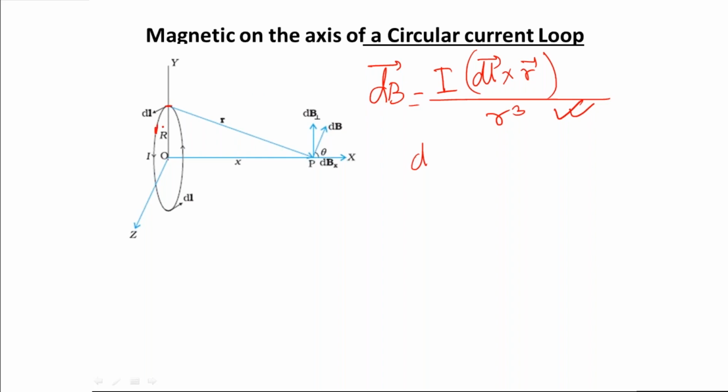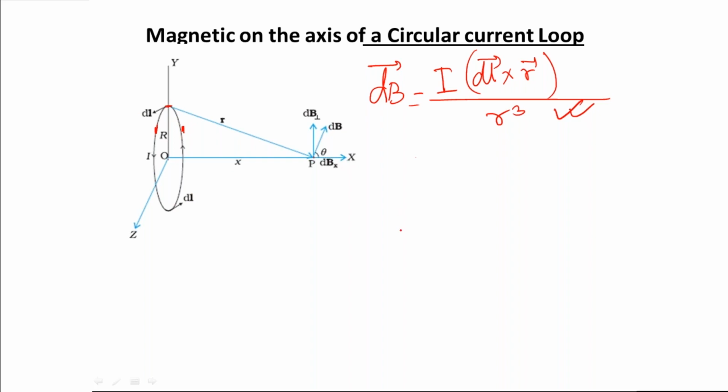Look, this is a current element. I can take another current element here, another one here, until you cover the whole periphery of the circular loop. You take a small element, calculate the magnetic field for each element, and then you can sum them up to get the total magnetic field at this particular point due to the whole loop.